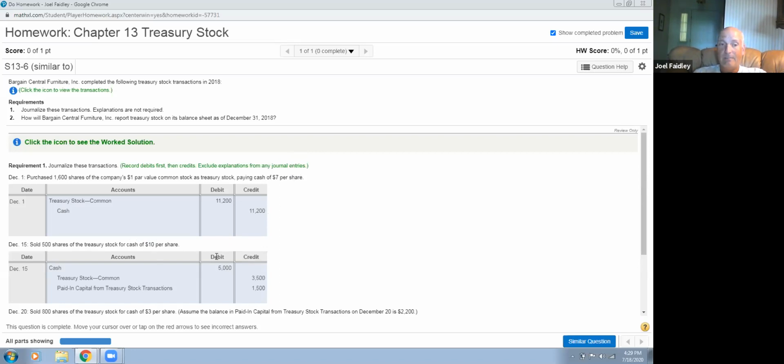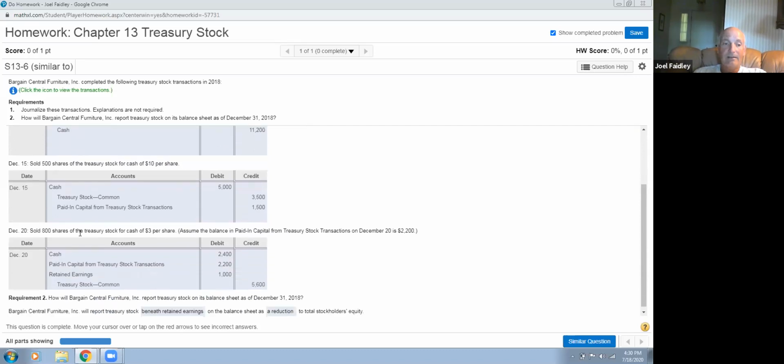So 7 times 500 is 3,500 coming out of my treasury stock. And the difference is kind of a gain, right? But we don't report it as a gain on the income statement. We create this account called paid in capital from treasury stock transactions, which is telling you you've got a gain booked and it's sitting there in your equity account, not on your income statement. That's what's unique about it.